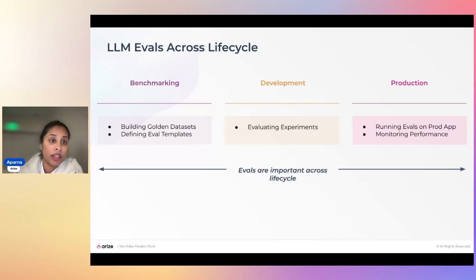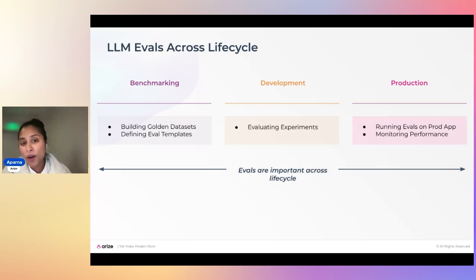There's really a workflow that we're seeing across the life cycle of building these evals. There's a phase when you're benchmarking the evals. This is as you're building your eval templates and golden data sets, and using them to understand how much you should trust this LLM as a judge template.